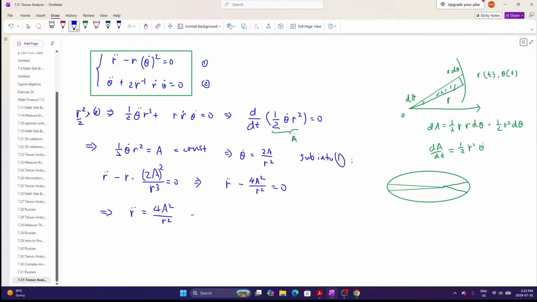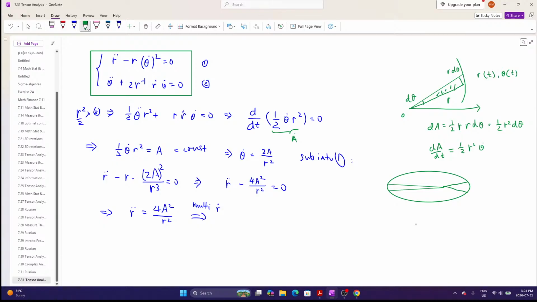You can do a little trickery: multiply by r dot. This feels like such a random option, but this actually makes sense, because this is how you derive the work energy theorem in mechanics.